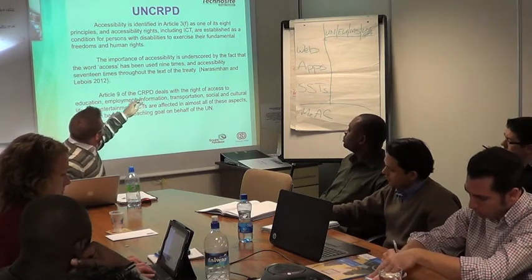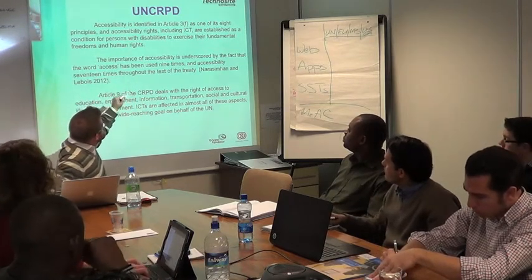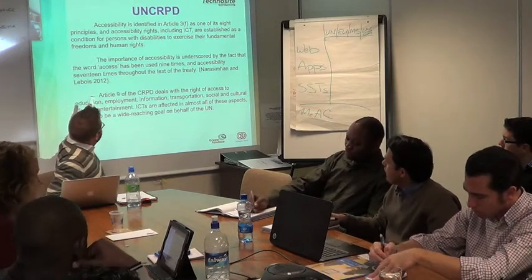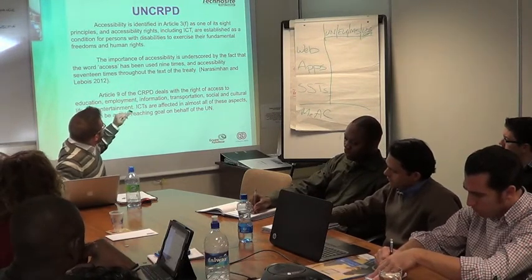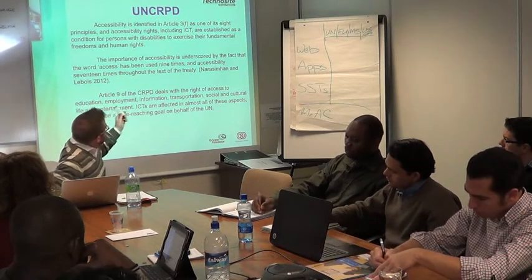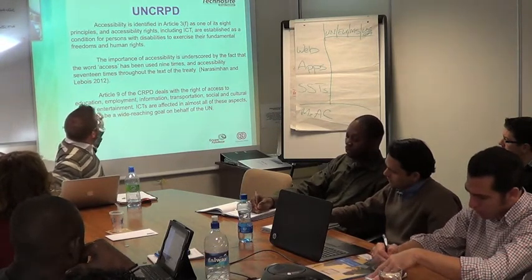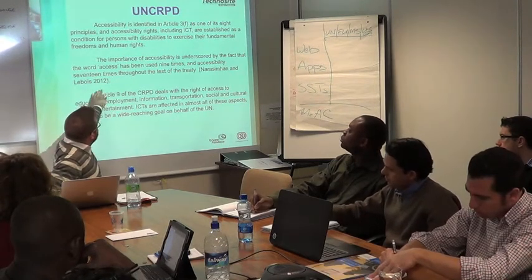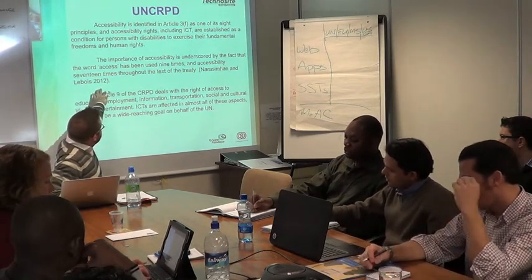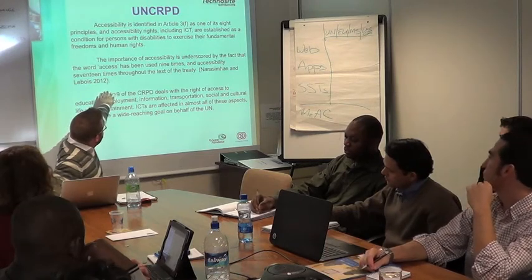I'm just going to briefly go over it. In Article 3F, accessibility is identified as one of its 8 principles, and accessibility rights, including ICT, are established as a condition for persons with disabilities to exercise their fundamental freedoms and human rights. This is a very interesting part from a study that I was looking up.